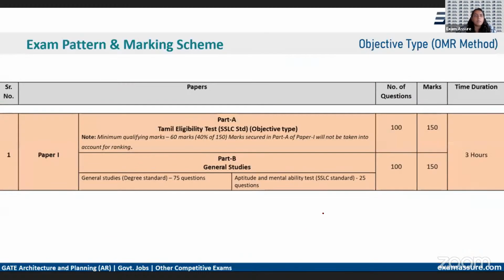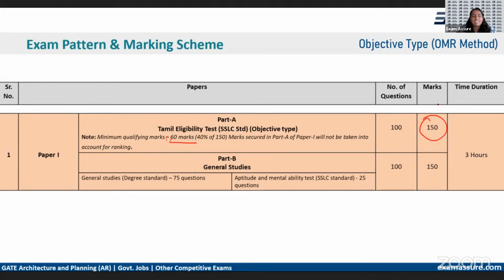Now, if we see the marking scheme or the pattern, in your paper 1, part A, that is your Tamil eligibility test, is only of qualifying nature. When your final selection is going to happen, the marks you get in part A of paper 1 will not be counted. Here you only need to qualify part A of paper 1, where you need minimum 60 marks, that is 40% of total of 150 marks.